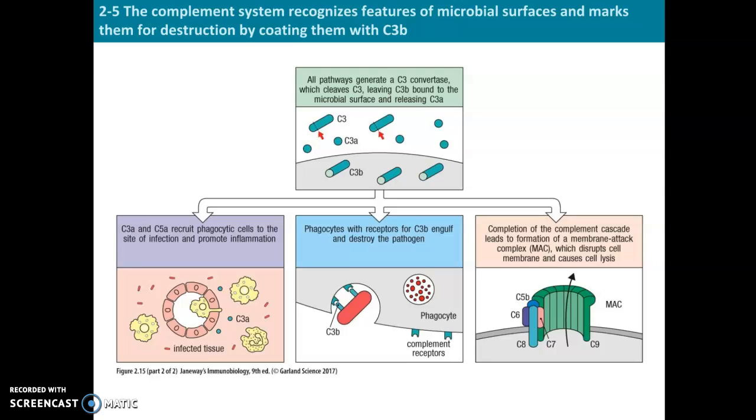You break that thioester bond and you create a covalent linkage between the carbon that was bound to the thio group, the sulfur, and that carbon is very reactive and can form a covalent bond to the surface of the bacteria. And that C3b is now able to do proteolysis of C5.